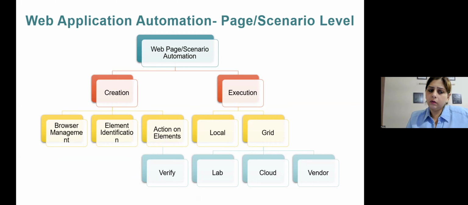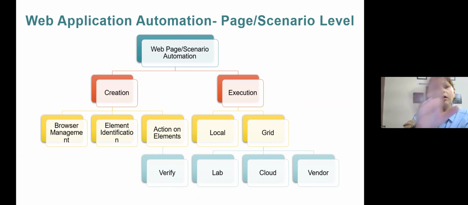You want to then verify the action you have done so that the scripts can run in unattended mode and it can log bugs when it doesn't work as intended. For execution, you want to execute it locally, or you would want to go to a cloud-like setup. Either make your own with the help of a grid-like component. If you are a user of Selenium, you have Selenium Grid. If you are a user of other tools, I am sure they must have those aspects to provide you.